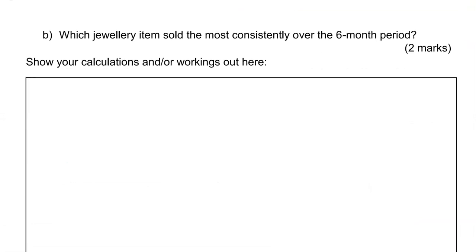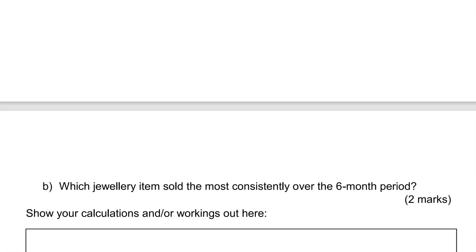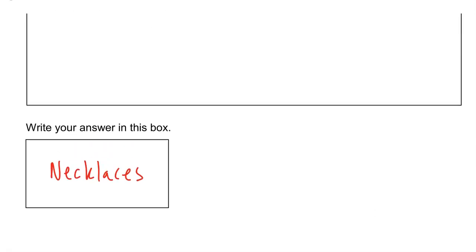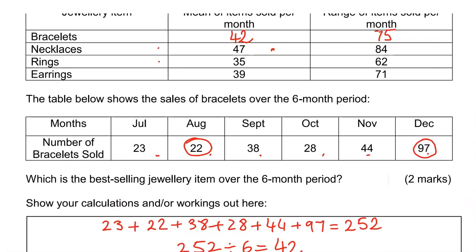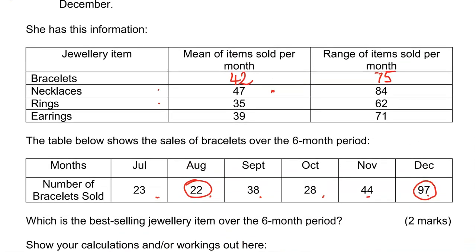And then part B, which jewellery item sold the most consistently over the 6-month period? Show your calculations and your workings out here. So if you recall, we also worked out the range for bracelets. We already have it for necklaces, rings and earrings.